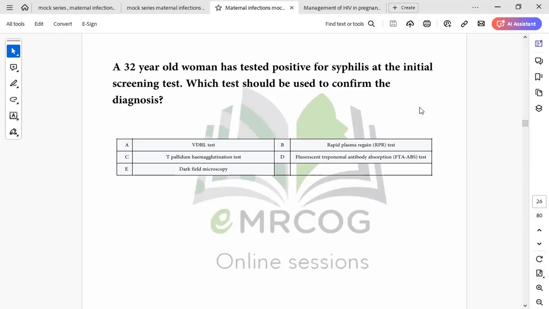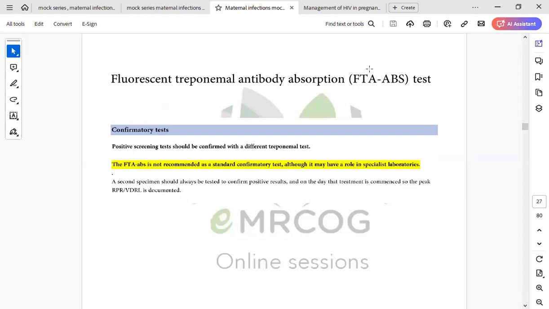We need something specific. We need a treponemal test. What would that be? Okay, so you all say C, and you are right. Fluorescent treponemal antibody absorption test. This is the confirmatory test.